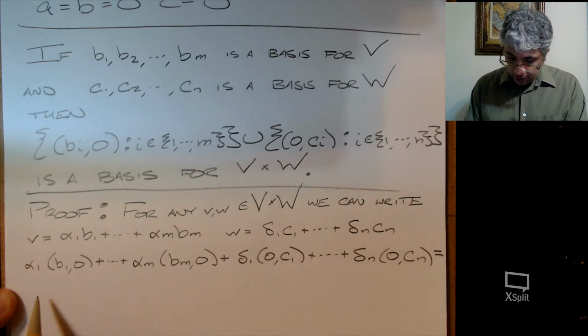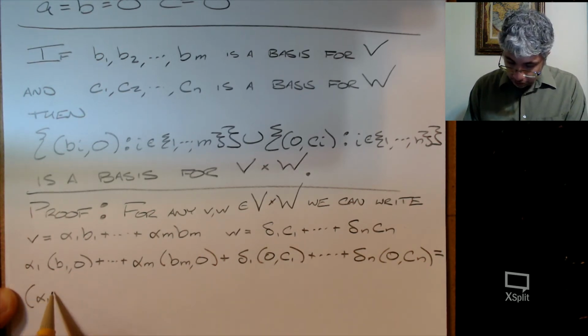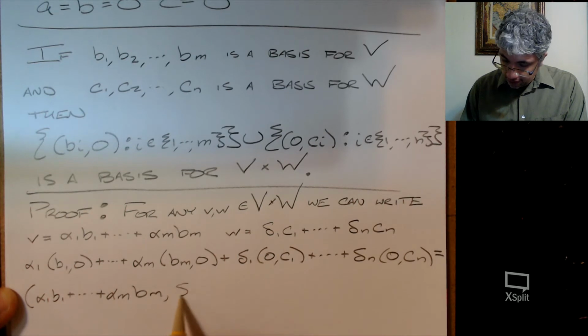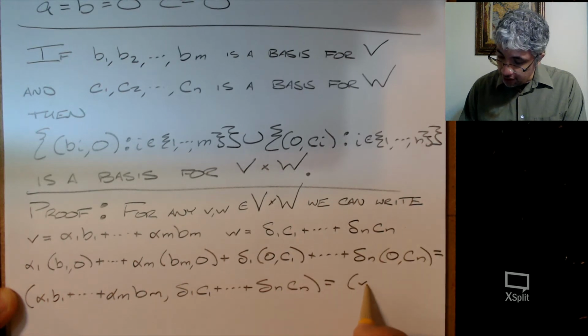And what does this equal? Well, when I put this all together, I get (alpha 1 B1 plus alpha m Bm, delta 1 C1 plus dot dot dot delta n Cn), which is just (little v, little w).